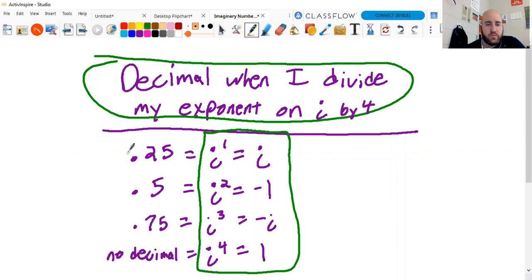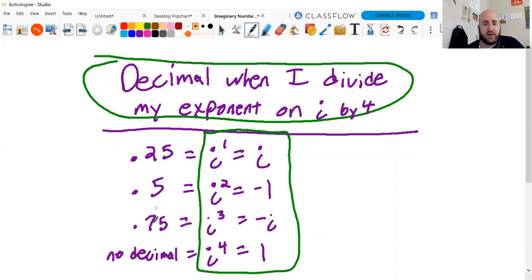So I'm going to have 0.25. You need to know 0.25. If I divide and my decimal is 0.25, it's equal to I. If my decimal is 0.5, it's equal to -1. If my decimal is 0.75, it's equal to -I. If there's no decimal, it's equal to 1.